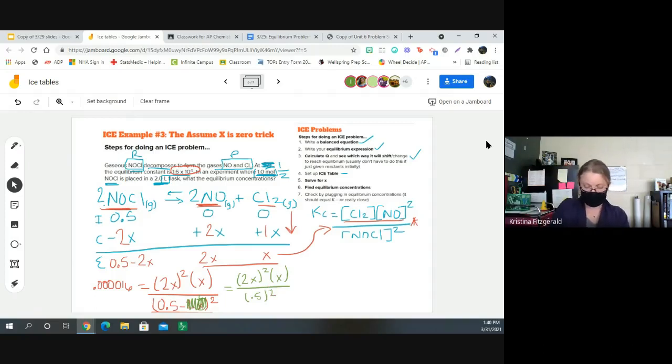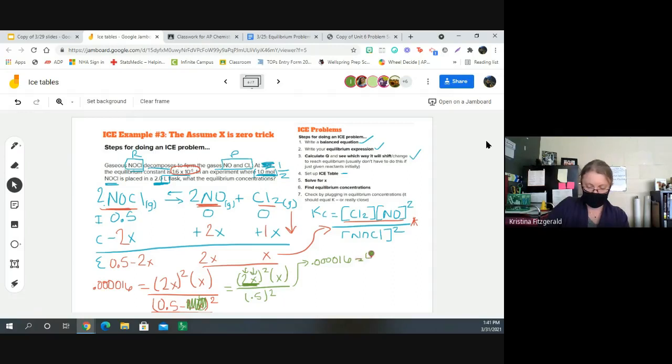So there's a lot happening. So let me rewrite. 0.000016 equals. I'm gonna square this. I'm gonna square this. There's a number and a letter. I'm gonna square that.